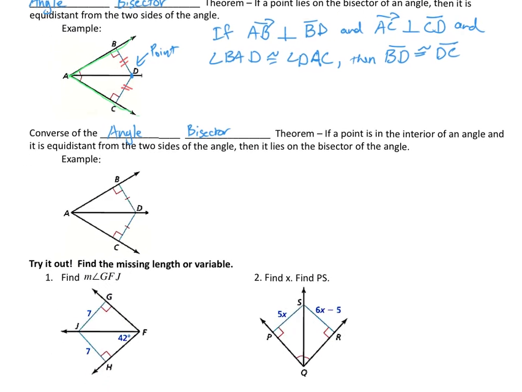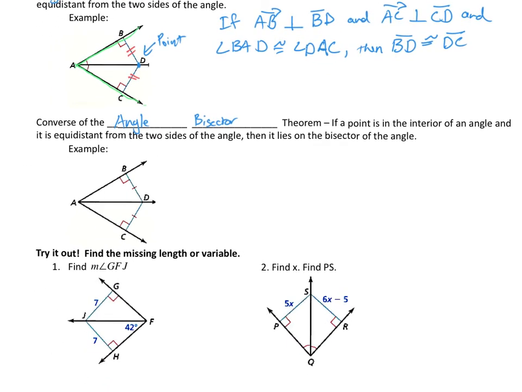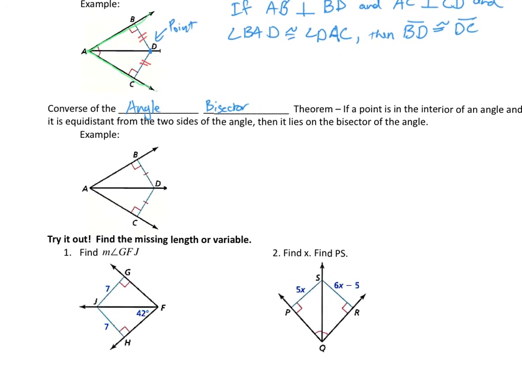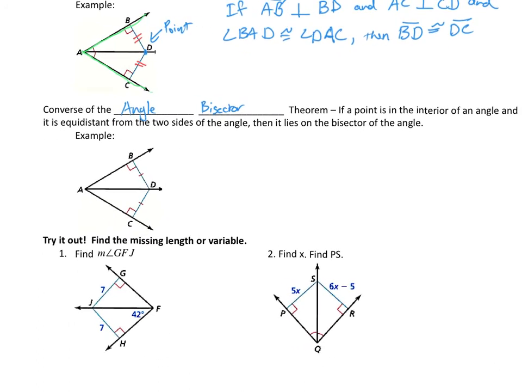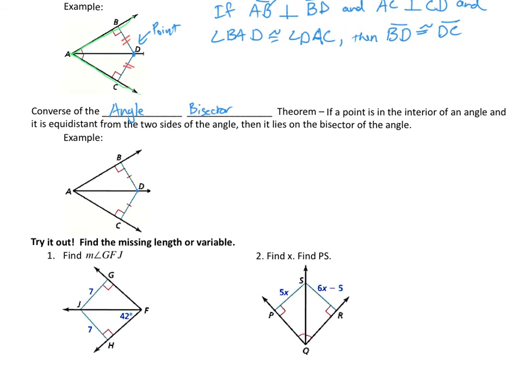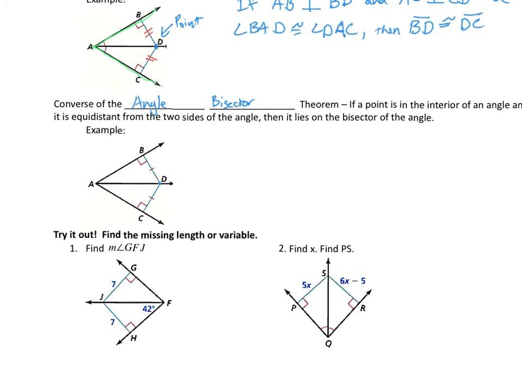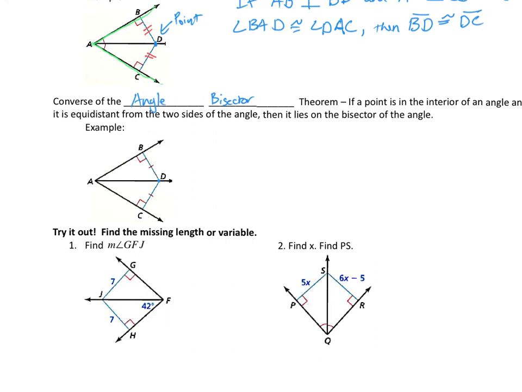The converse to our angle bisector theorem says that if a point is in the interior of an angle and it is equidistant from the two sides of the angle, then it lies on the angle bisector. So we can prove it because it is equidistant from the two sides of the angle. It is. So here, this is the point that we're talking about again.